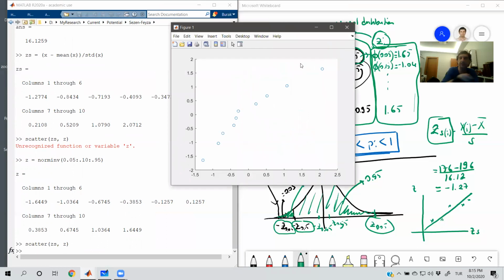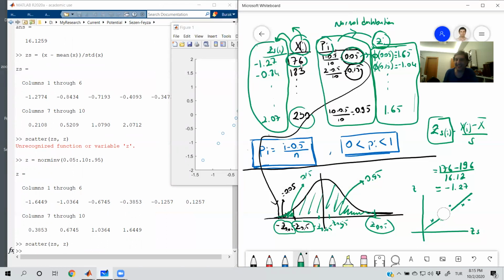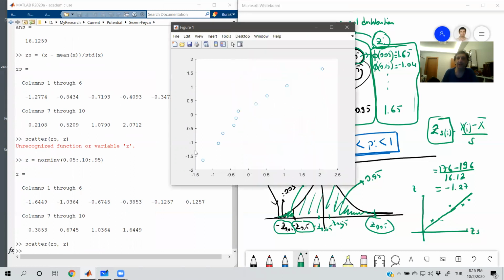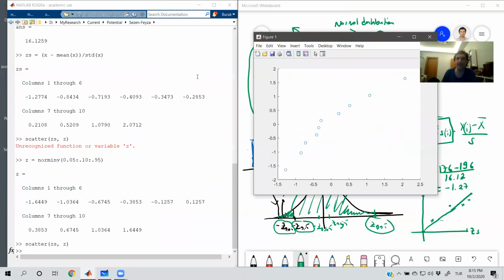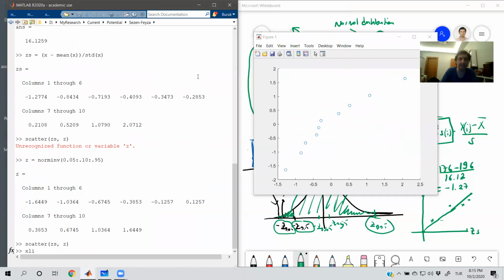Now, in order to also plot this line that you see here, note that the x's here for Z and ZS should be identical. On the other hand, as you can see, they are not identical here. So let's make them identical. So xlim is going to lie between, let's say, -3, or the smallest value is what, -2, and 2.5.